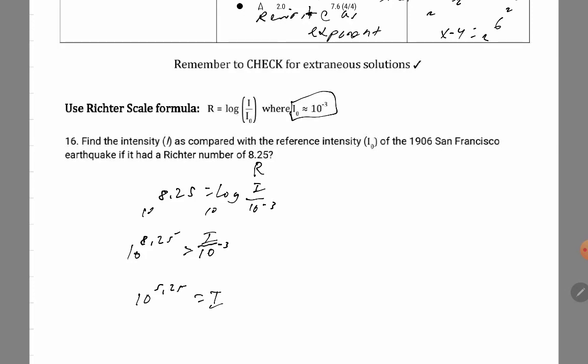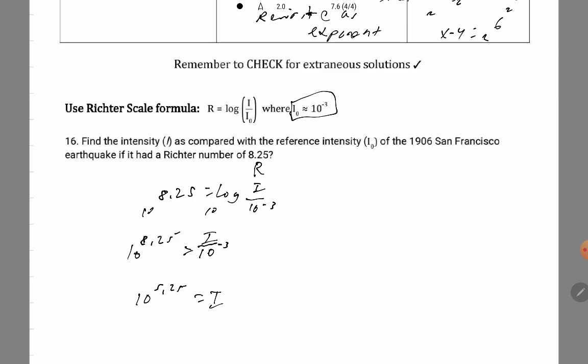Did I do that right? And then punch it in your calculator. Where is my calculator? Alright, it's 10 to the 5.25. Yes.